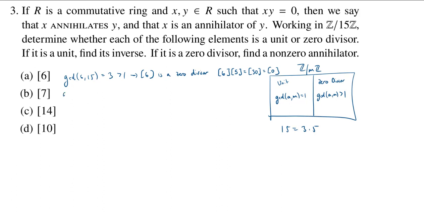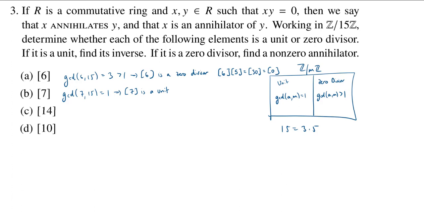How about 7? The GCD of 7 and 15 is 1, so the class of 7 is a unit. Now I need to find something I can multiply 7 by so that I get 1. Let's be a little systematic about it. 7 times 1 is 7. 7 times 2 is 14.